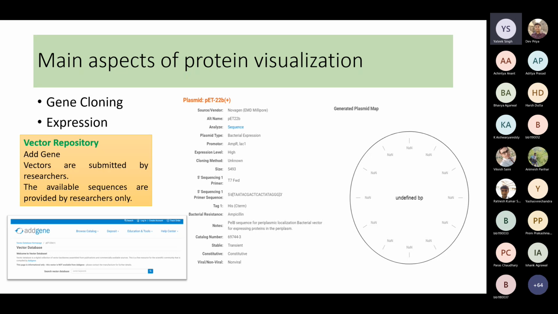Previously, people used to purify proteins from animal tissues, and the purification process was very inefficient. You may end up with 100 kg of meat from which you recover just 0.5 milligram of protein. That was the rigor required for protein purification.